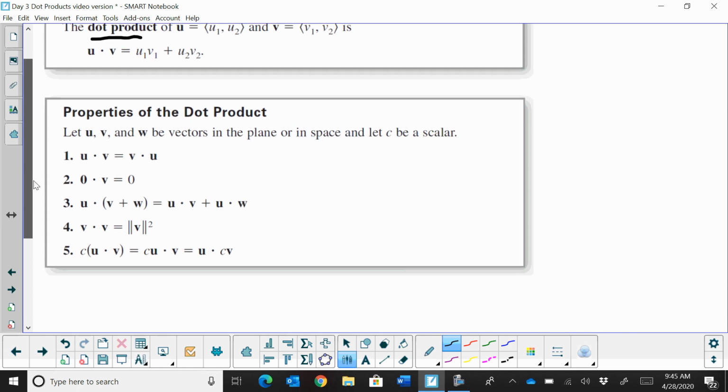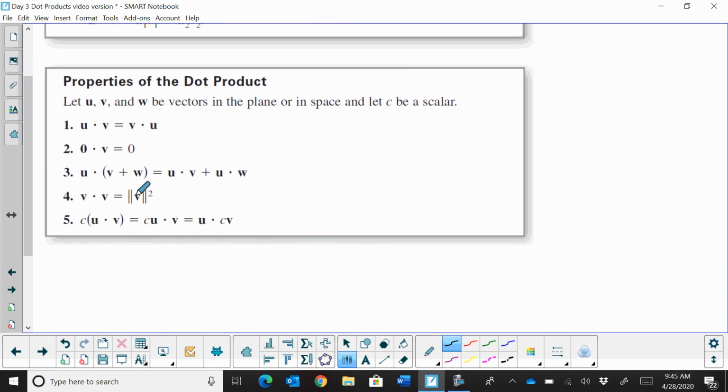But as far as other properties, if you have vectors u, v, and w, so now we're looking at three vectors, here are some of the properties that apply. The dot product of u and v is equal to the dot product of v and u. So this is commutative. We can change the order and we still get the same answer.